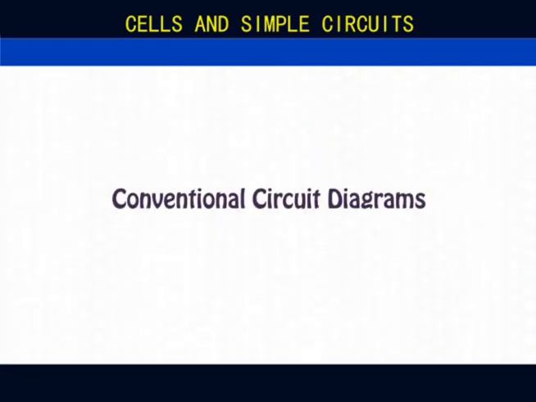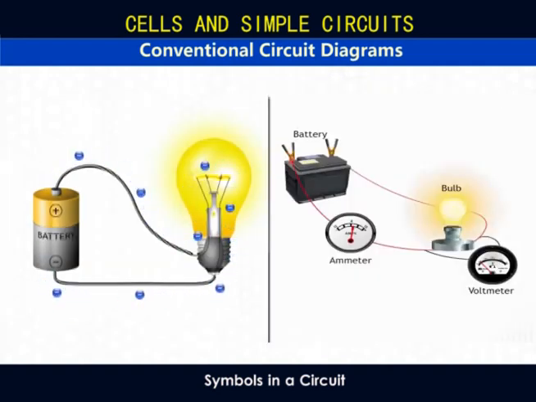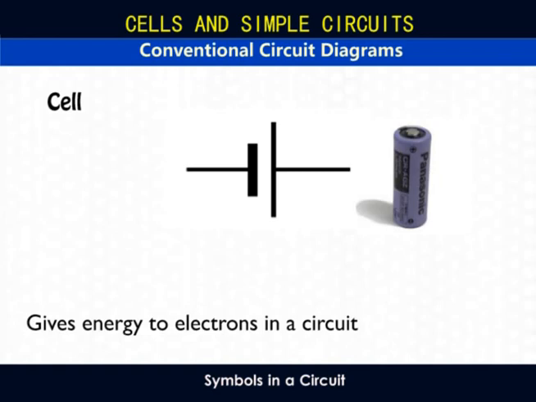Next, we look at conventional circuit diagrams. Now, what we have seen is a simple electric circuit. However, electric circuits could have very many components, and as such, we do not draw the component images. Rather, we use conventional symbols for simplicity. This is the conventional symbol for a cell.